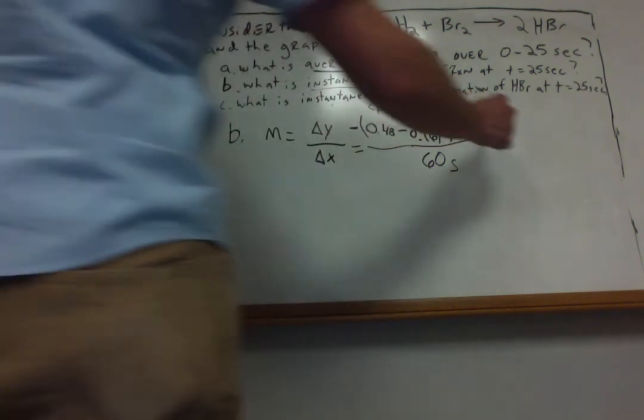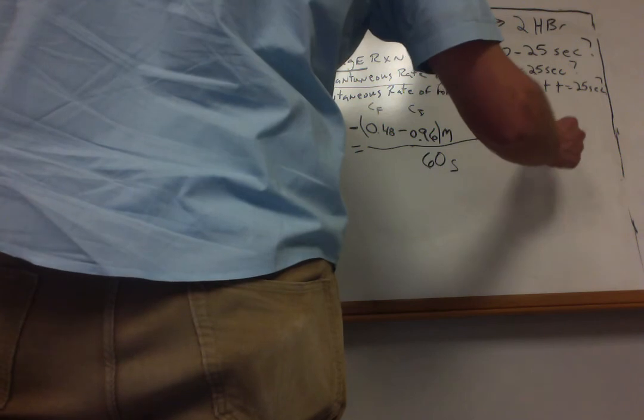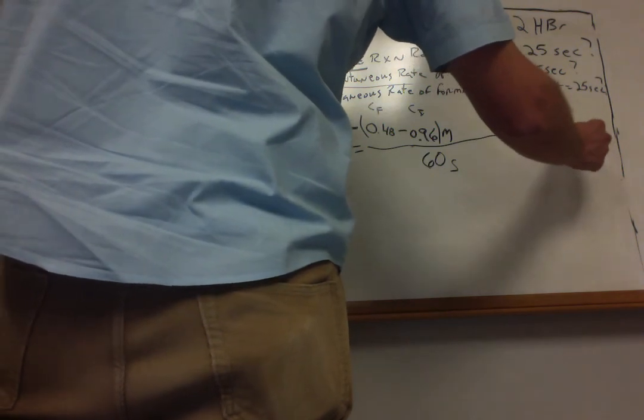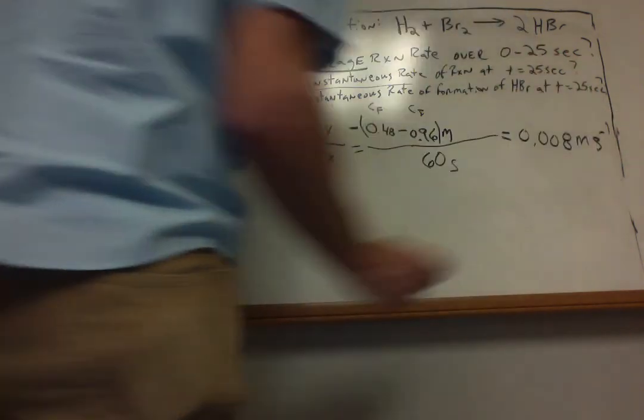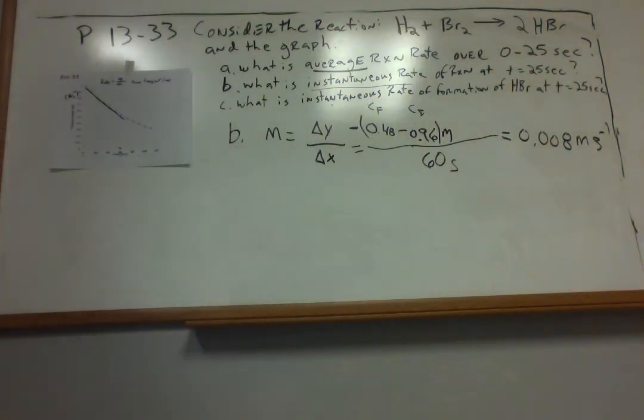But if I do the math on this, I find that the rate of reaction is 0.008 moles per liter per second, or 0.008 molar per second. It's my change in concentration per unit time. Here we specify time in seconds and concentration in molarity. All right, so that is my instantaneous rate at t equals 25 seconds.